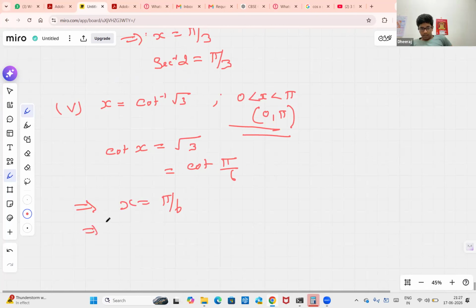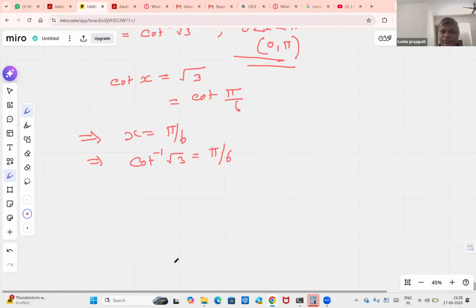Which implies now our answer is there. Cot inverse root 3 is equal to pi by 6. Yes, we got the answer.